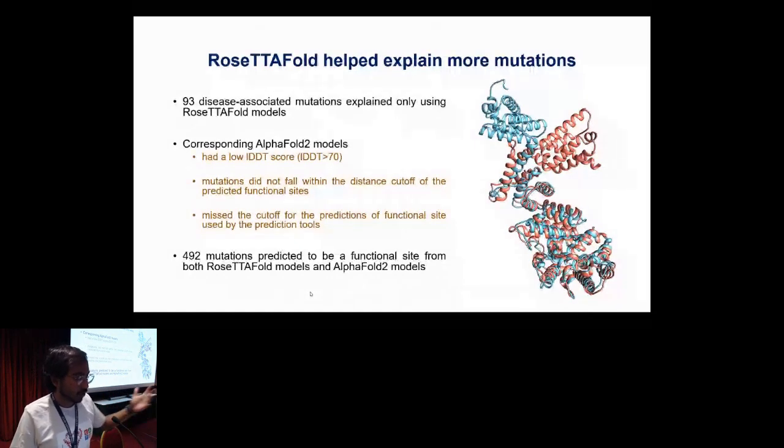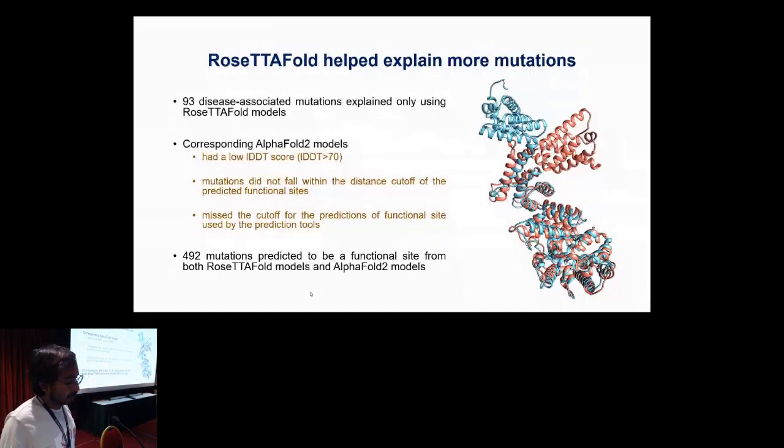It was, say, X plus 0.1 angstrom away in the AlphaFold model. In some cases, we also missed the prediction because it didn't meet the cutoff set by the tool to be called a functional site. Say the tool would say it is a functional site at 0.5, while the AlphaFold model gave it 0.4 or something.